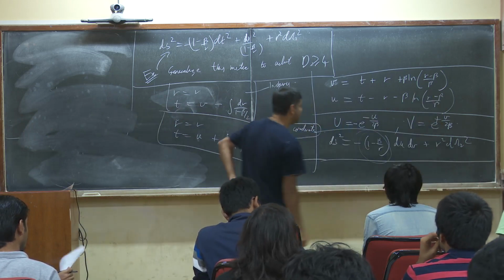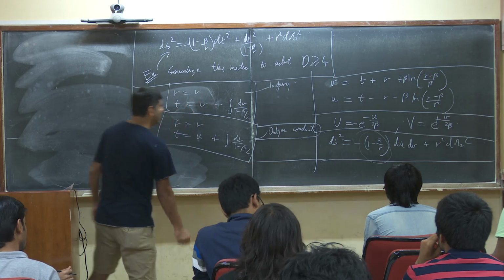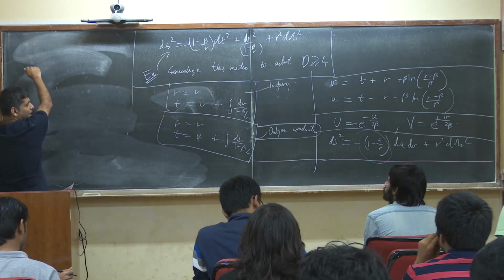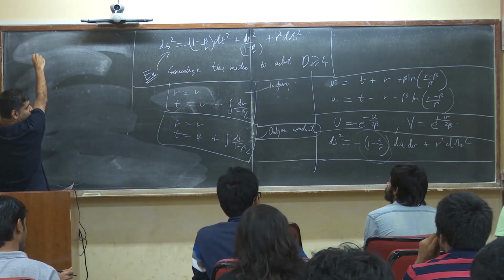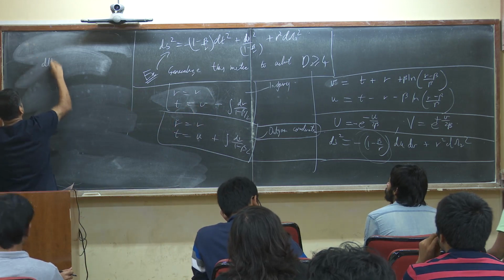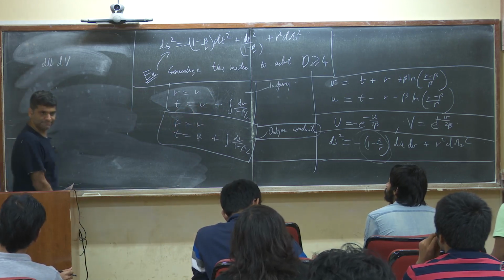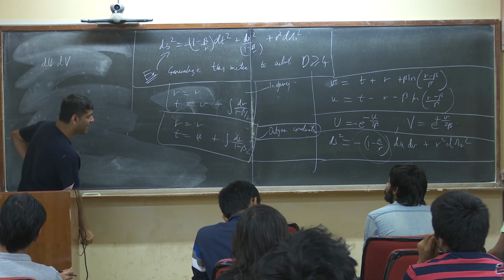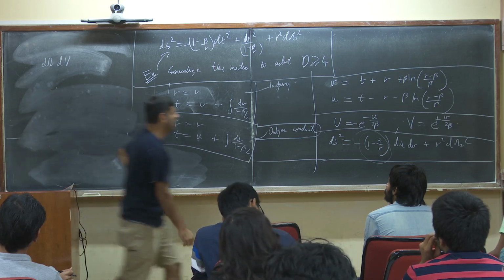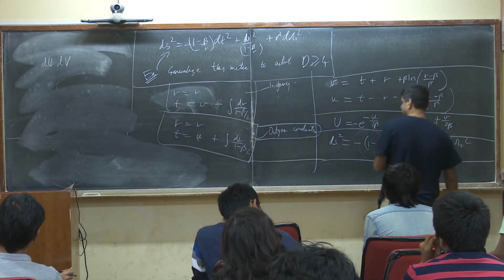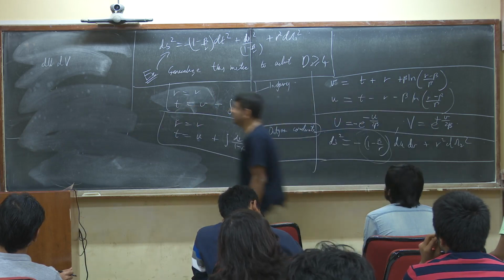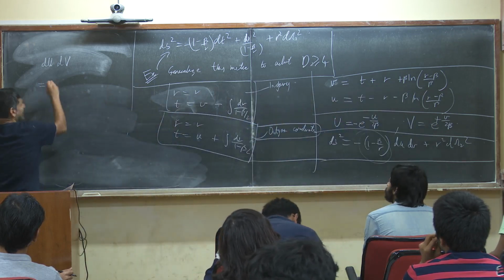Okay, this precisely did it in the following way: if you write du dv, because of this minus sign we will have a minus sign, so that will be equal to minus.